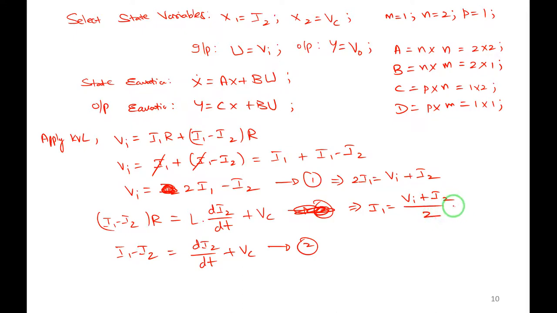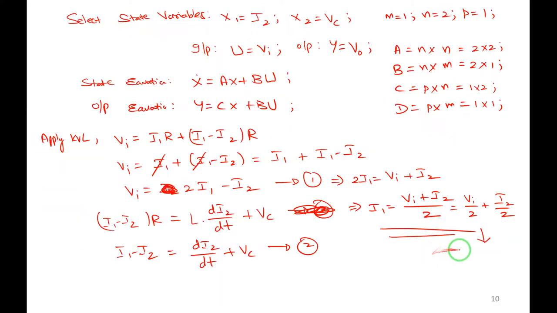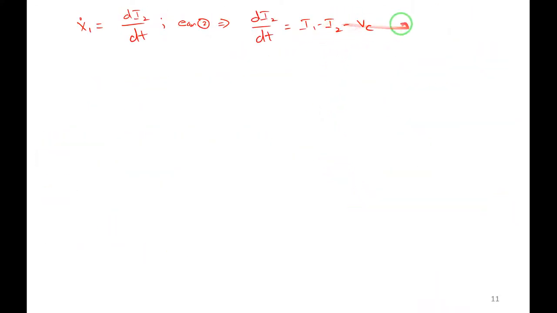I can split it and write Vi by 2 plus I2 by 2. Call this as equation 3. Substitute using equation 3 here.